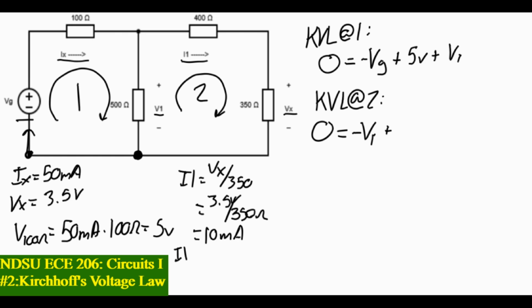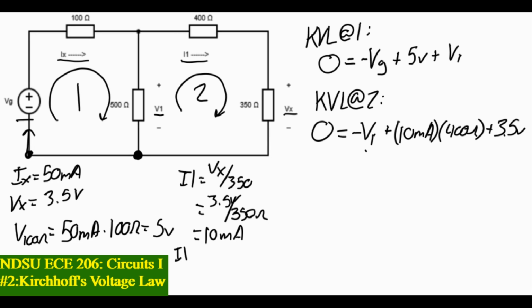That's going to give us a voltage, right? So 10 milliamps times 400 ohms. That is a voltage now, plus the voltage that we're given, Vx, which is 3.5, and that's it.